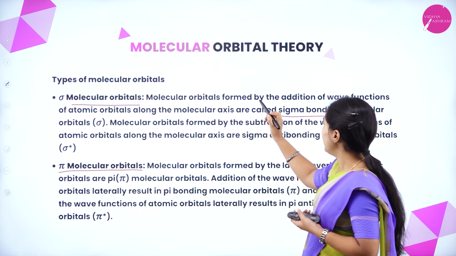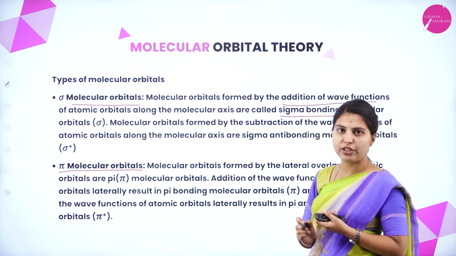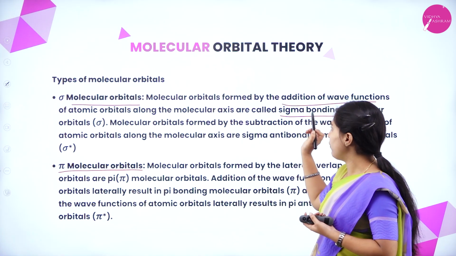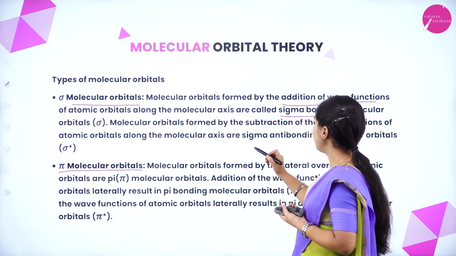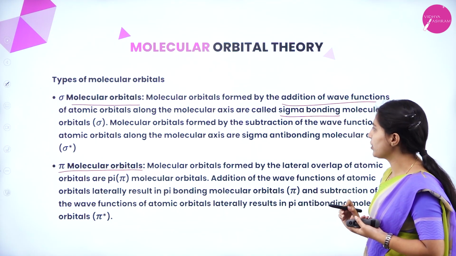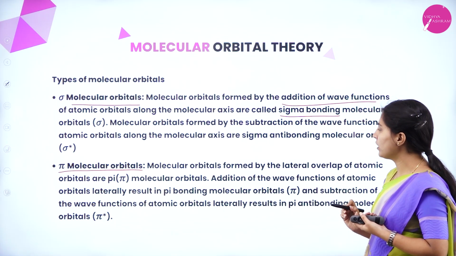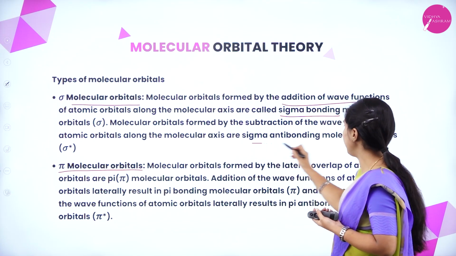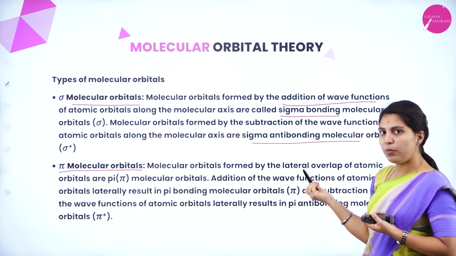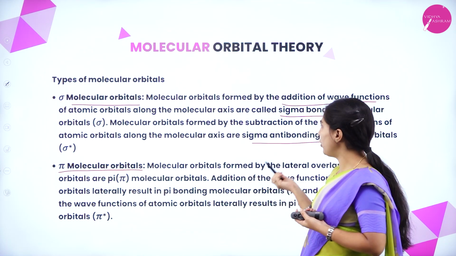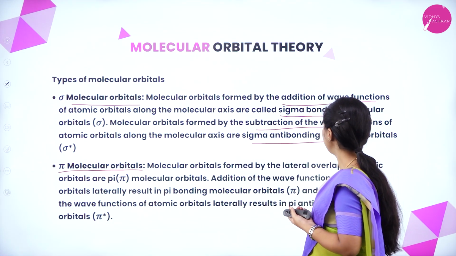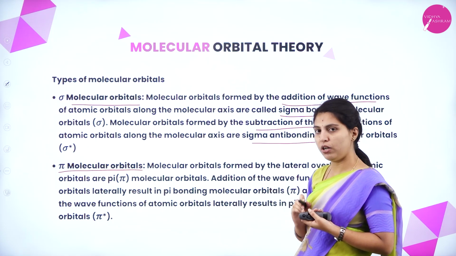That is, sigma bonding will form by the addition of wave functions. Molecular orbitals formed by the subtraction of the wave functions of atomic orbitals along the molecular axis are sigma anti-bonding. Sigma anti-bonding will form by the subtraction of the wave functions of atomic orbitals.